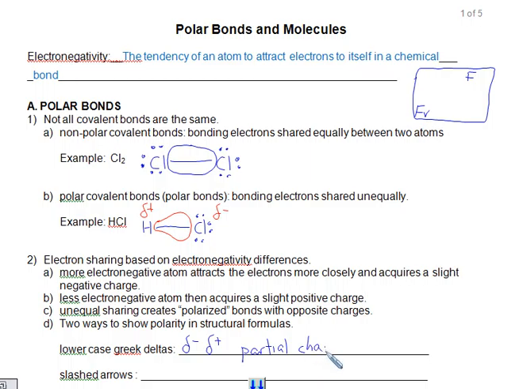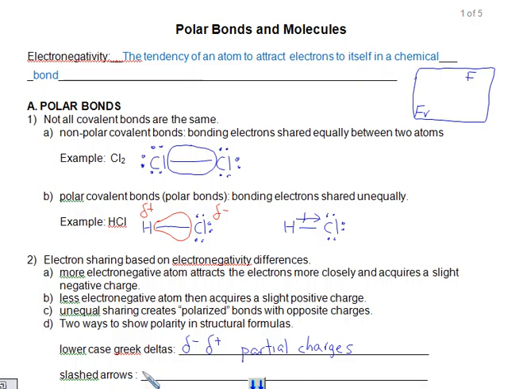Now there's a second way that we can indicate that. And let's just rewrite HCl. What we can do is draw a little arrow over this bond with a slash through it. And what this indicates is the electron density in this bond is being pulled more towards the chlorine than it is towards the hydrogen. Let me finish up with my lone pairs on the chlorine here.